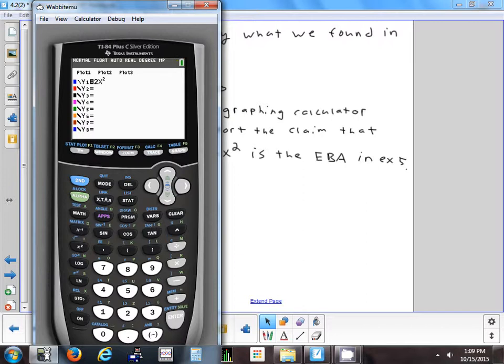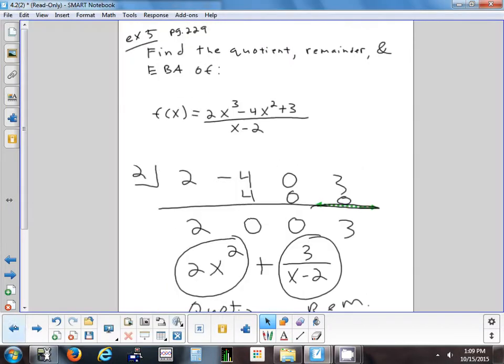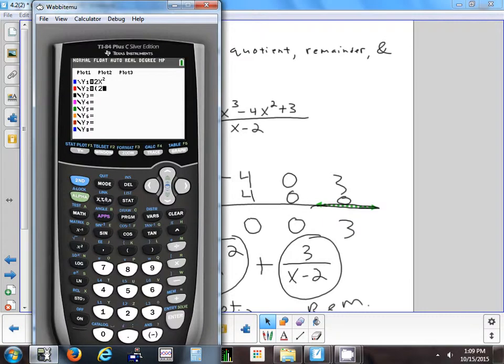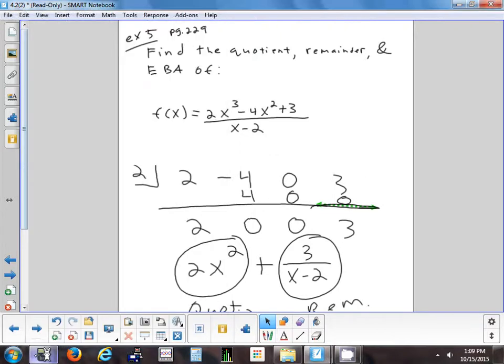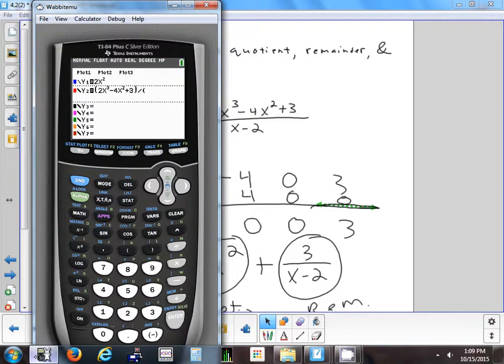And now I need the original problem. The original problem was 2x cubed minus 4x squared plus 3, over x minus 2. Again, make sure you're putting parentheses around numerator and denominator. And do zoom 6. There's our asymptote.